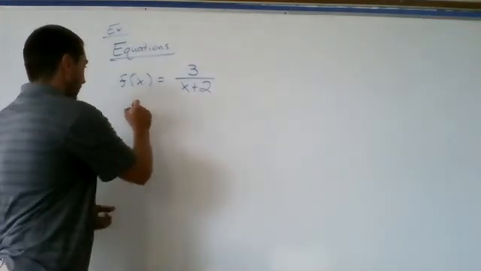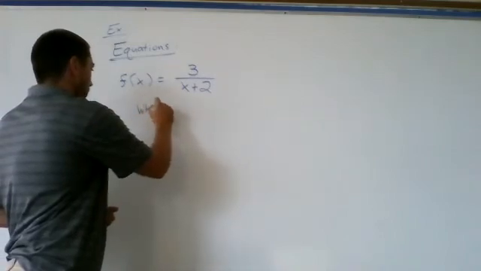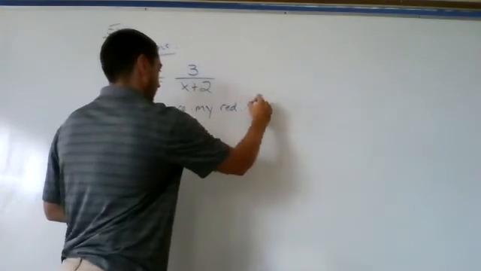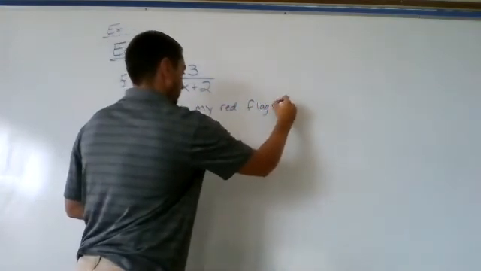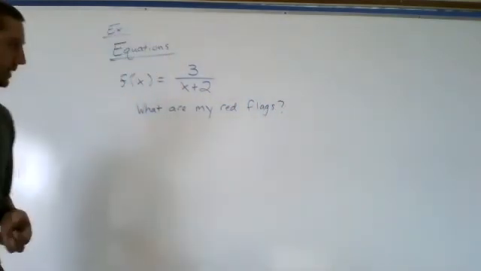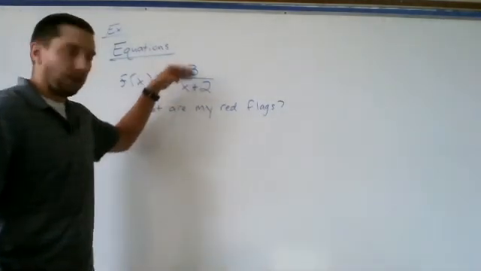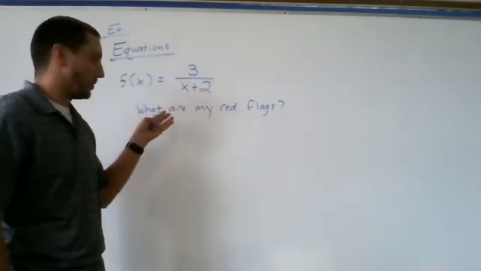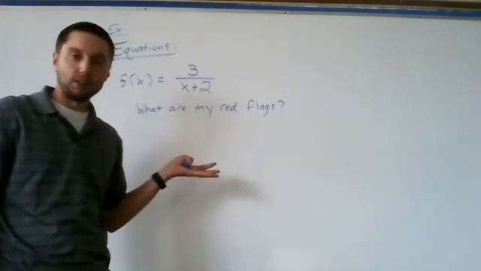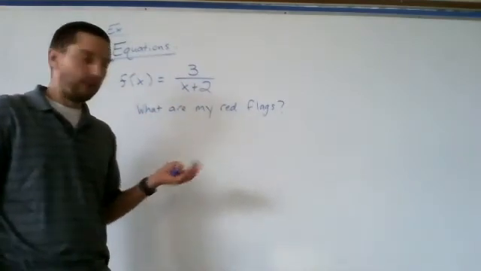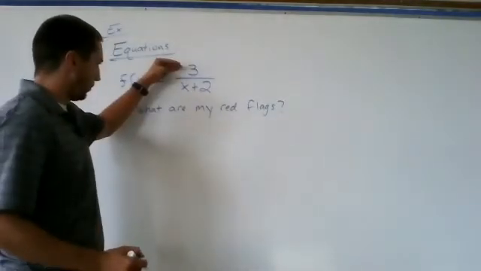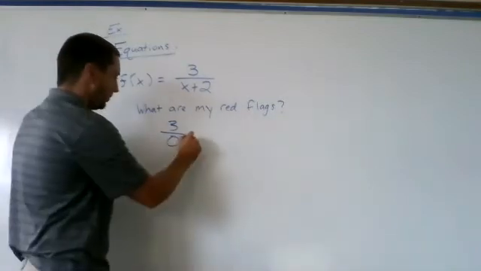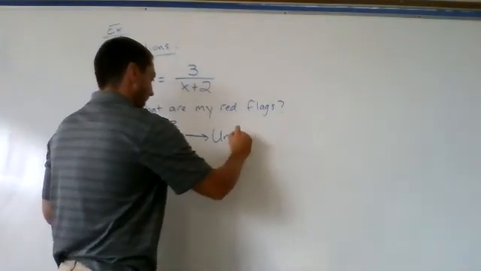I want you to think about, what are my red flags? And what I mean by that is, what am I worried about with fractions? What would I plug in that would make this fraction have an undefined output? Do you remember that? What is 3 divided by 0? Well, any time you divide by 0, that would be undefined.